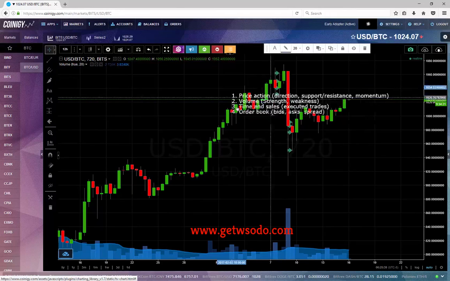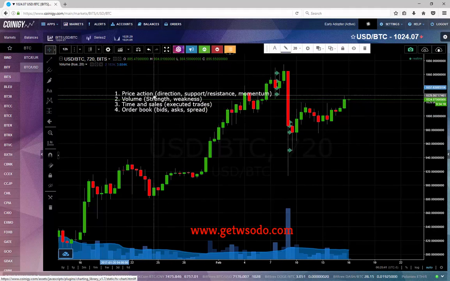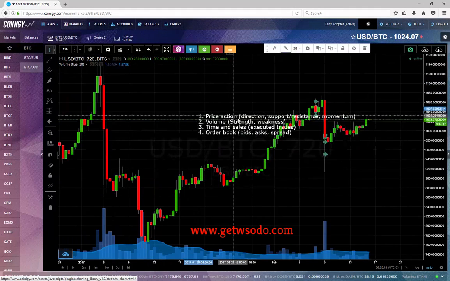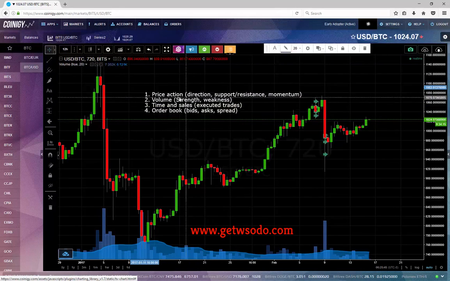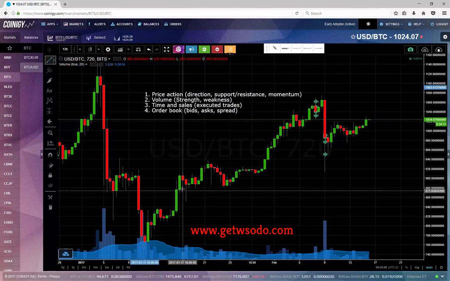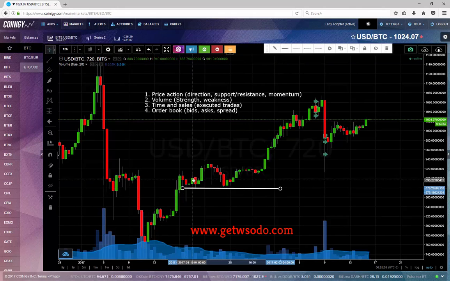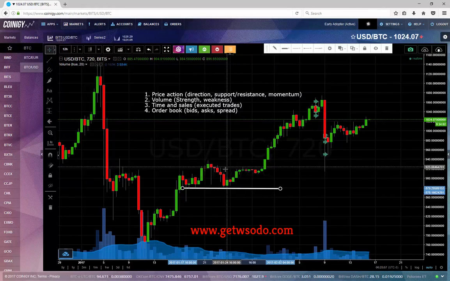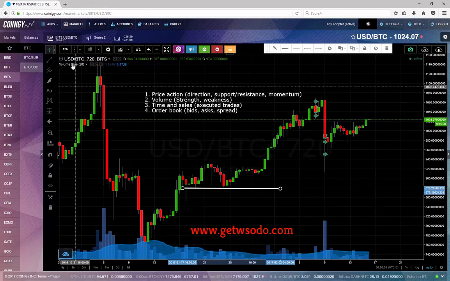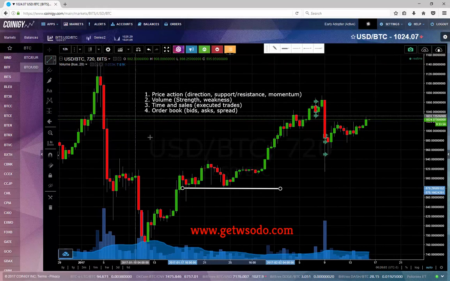You want to be able to identify areas of support and resistance. So support is where buyers step in, so you have multiple points of support right here. It came and tested, buyer stepped in, buyer stepped in, buyer stepped in. Resistance is where sellers step in and they push the price down, right?